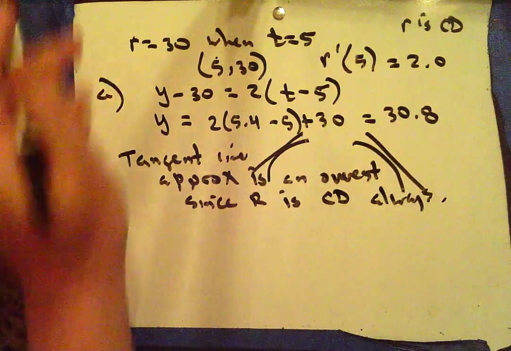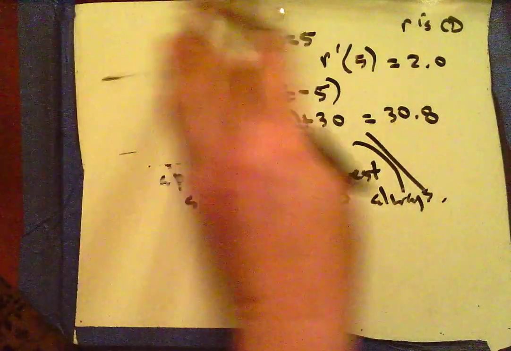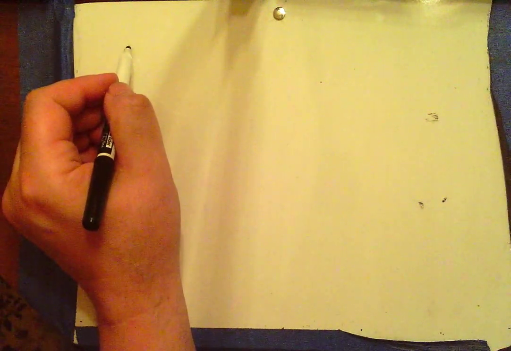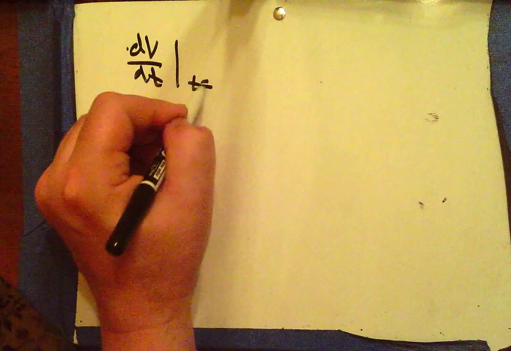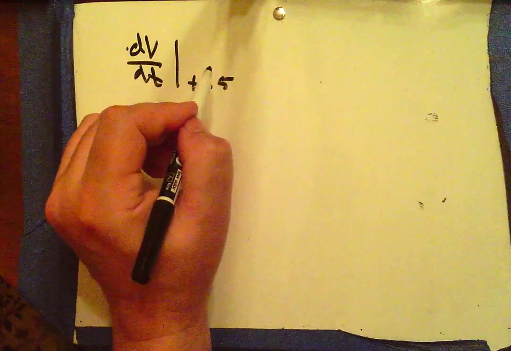Okay, there's a bunch of stuff for part A. How about part B? Part B says find the rate of change in volume with respect to time. We want dV/dt at t equals 5.